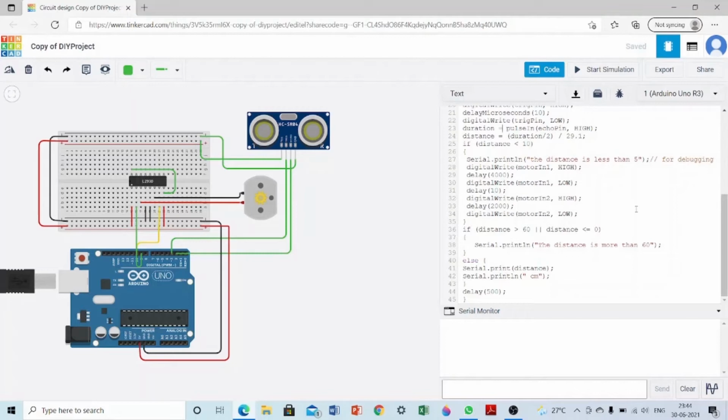Here the rotation only takes place for 2 seconds, but in the actual physical assembly, we have a counterweight, which makes the rest of the rotation possible. We had to do this because the DC motor doesn't have accuracy, unlike the servo motor. In the servo motor we have electronics which can accurately measure the angle of rotation, but we don't have that facility in a DC motor. So we have to make this adjustment of using a counterweight.